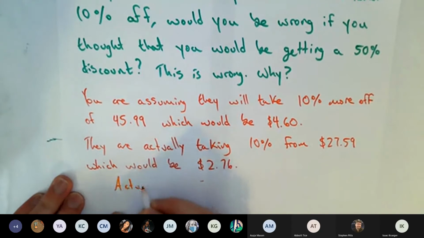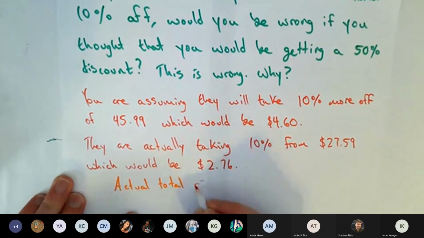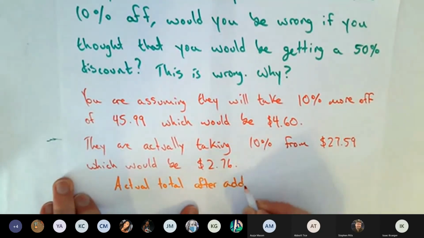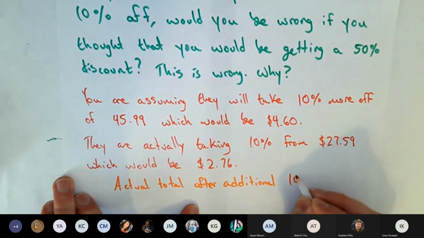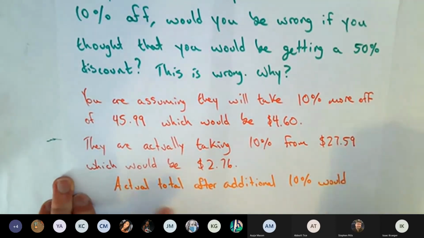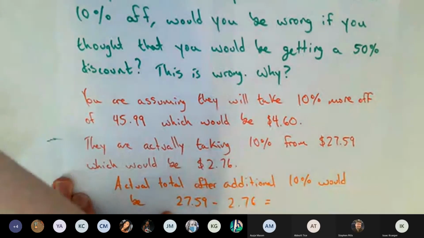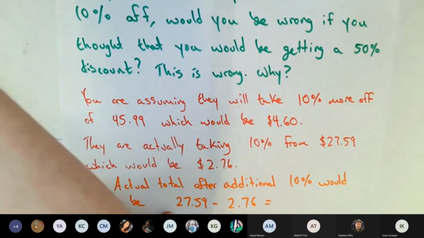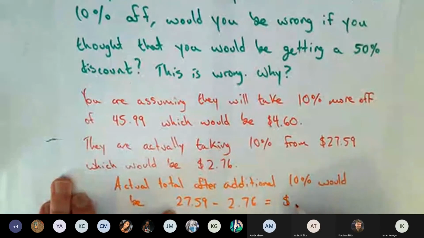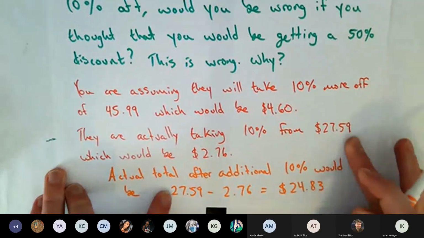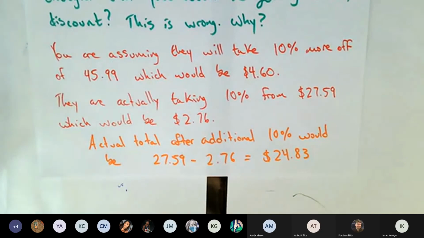So the actual total after the additional 10% off would be the difference between these, 27.59 minus 2.76, which would be 24.83. And then from here, you would add your sales tax and everything.